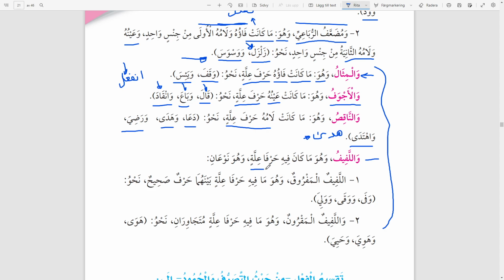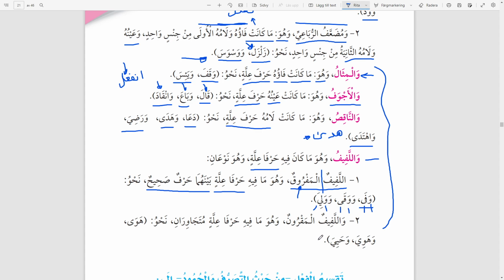And it is where you have 2 حرف علة. So you have al-lafif al-mafruq, which means the separated, almost like layered lafif. When you have 2 حرف علة and they are separated by 1 حرف صحيح, like wafa, first and second, waqa, first and second, waliya, first and second, right?